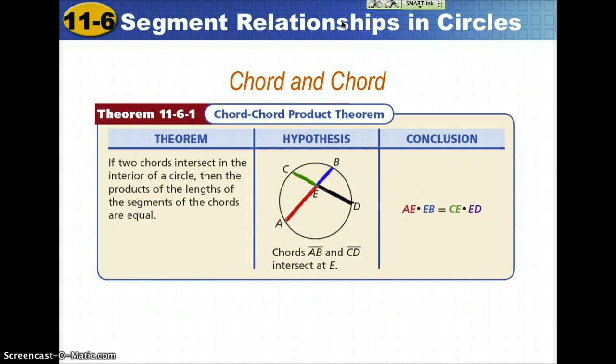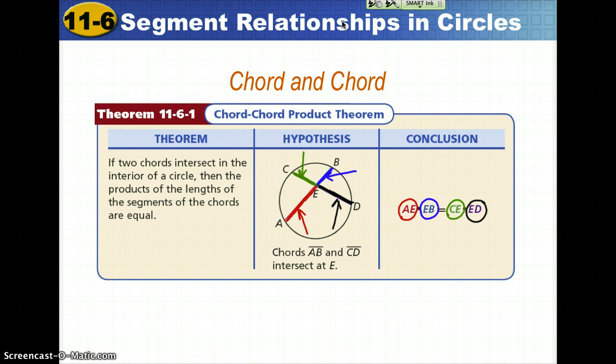And the product of the broken parts from each one equals the product of the broken parts from the other one. Okay? Here we have AE. That's this piece right here. Times EB. And that equals CE times ED.